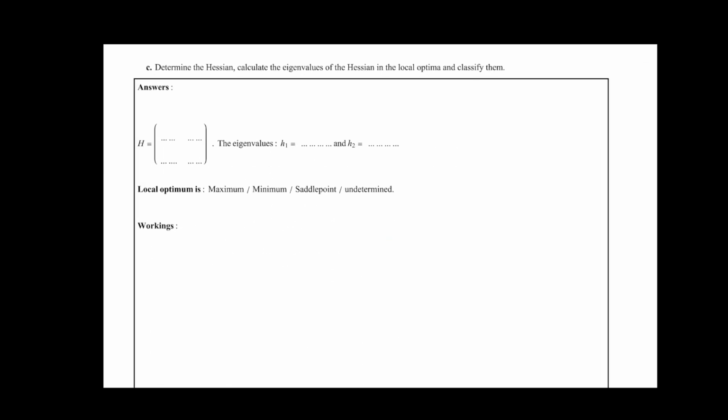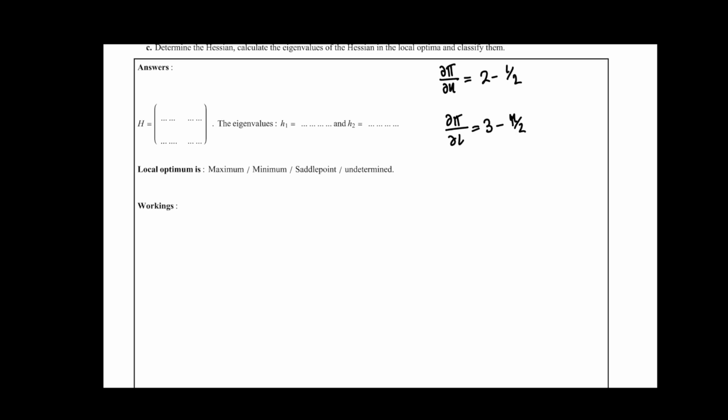Part C, determine the Hessian, calculate the eigenvalues of the Hessian in the local optima and classify them. In order to do this, we will have to find the second derivatives. So if I quickly jot down the first derivatives, we had 2 minus L over 2, and we had 3 minus K over 2. This gives us, for our second derivatives, when we differentiate the partial derivative with respect to K again, we get 0.